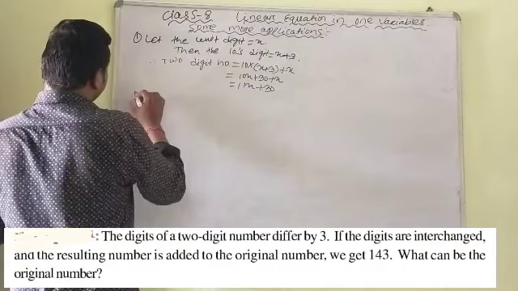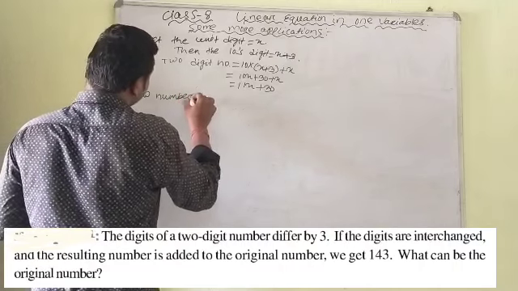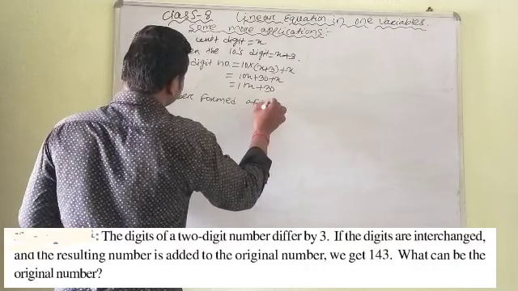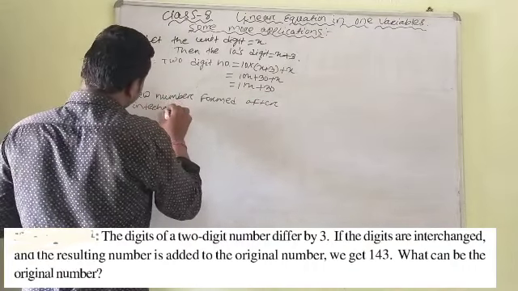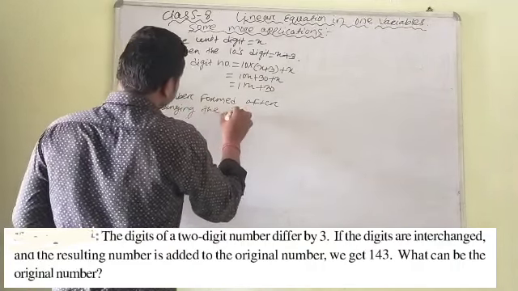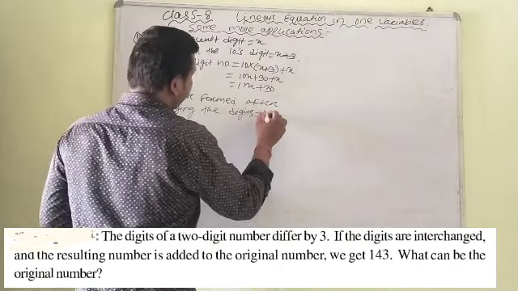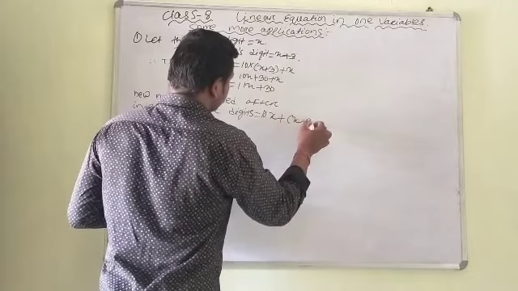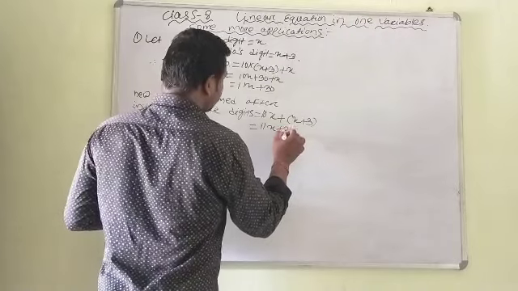So the new number formed after interchanging the digits is equal to 10 into x plus 3, which is equal to 11x plus 3.